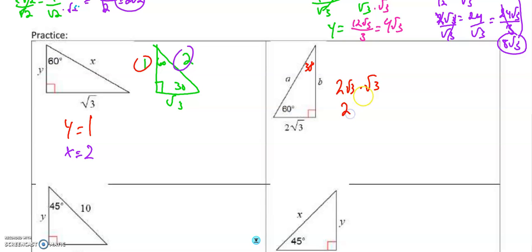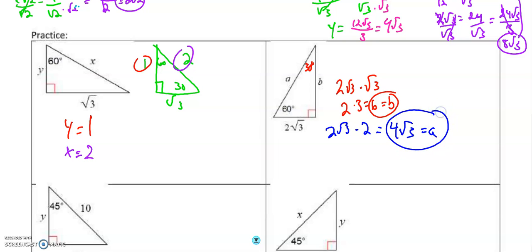This will eliminate the radicals, and you're left with 2 times 3, which is 6, and that is your B. To find A, it is 2 times bigger than the side opposite of the 30 degree. So that is 2 radical 3 times 2, which is equal to 4 radical 3, which is A. All right.